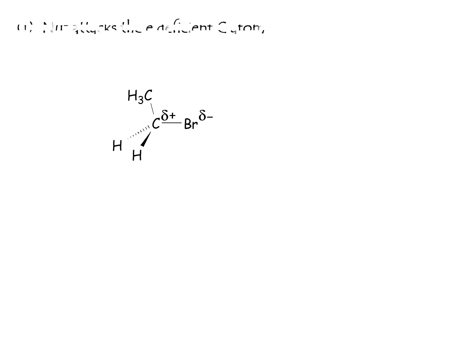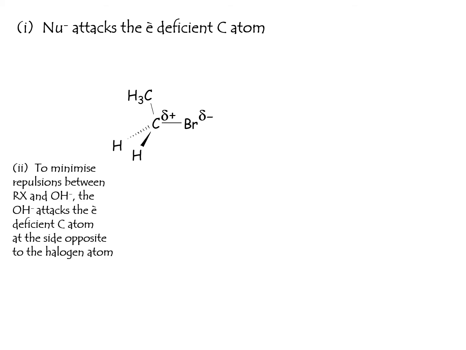The nucleophile attacks the electron-deficient carbon atom, which is the carbon bearing the halogen atom, bromine. To minimize the repulsion between the haloalkane and the nucleophile OH-, the OH- attacks the electron-deficient carbon atom at the site opposite to the halogen atom.